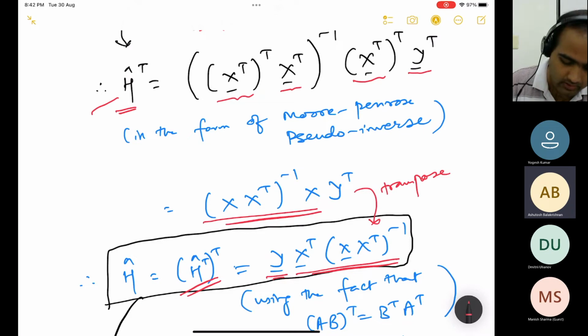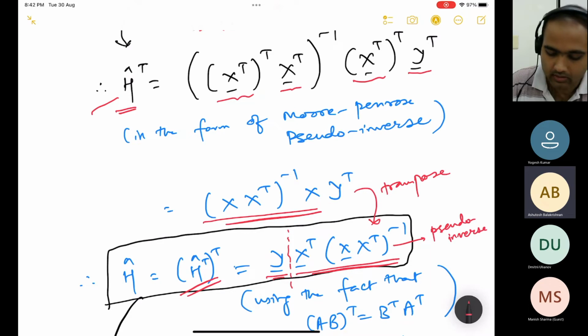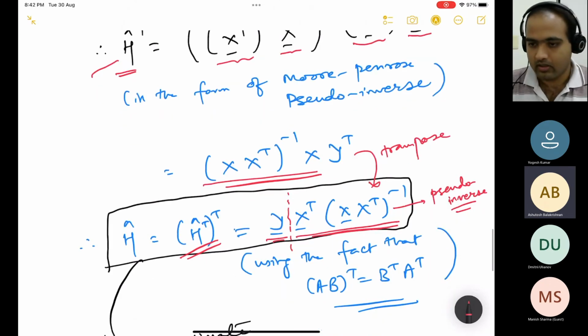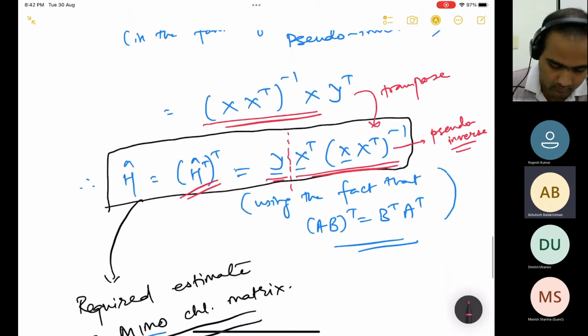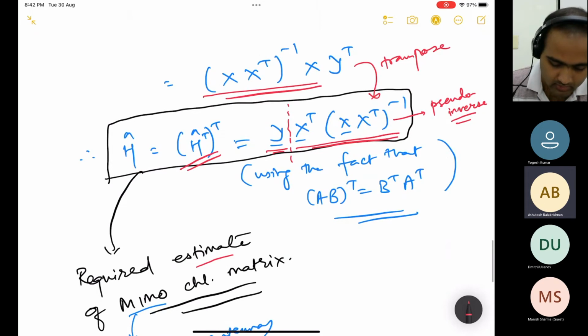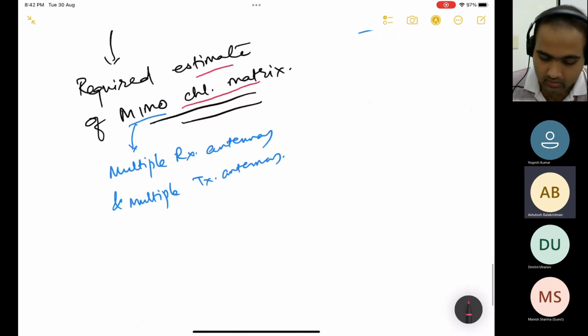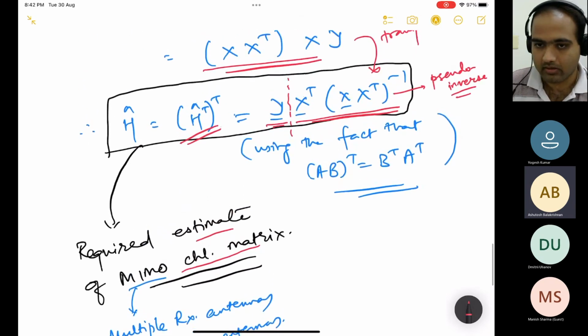Here also it is notable that the second part of this equation is still in a pseudo inverse form. The only thing is it has been transposed. So this is the estimate of a MIMO channel matrix with multiple receive and multiple transmit antennas.